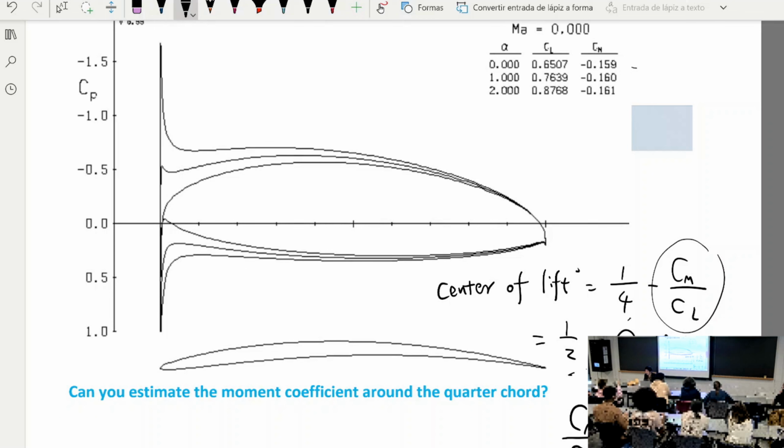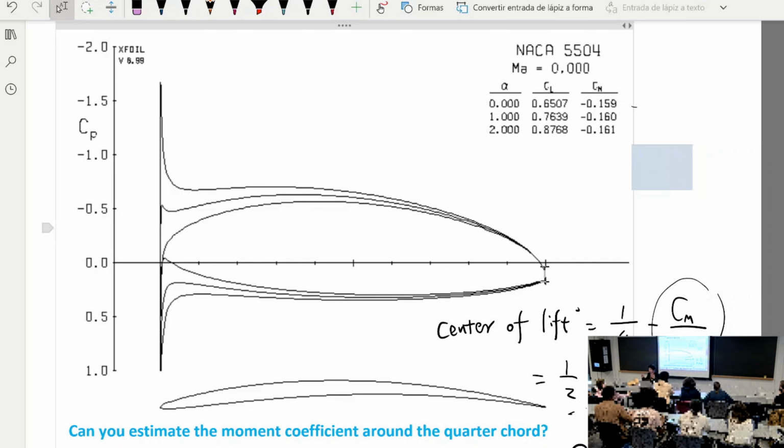I see. So you intuitively knew the center of lift and then were able to solve it. Yes, the center of lift is just from the fact that for a parabolic camber at 0 angle of attack, the lift acts at the half chord.